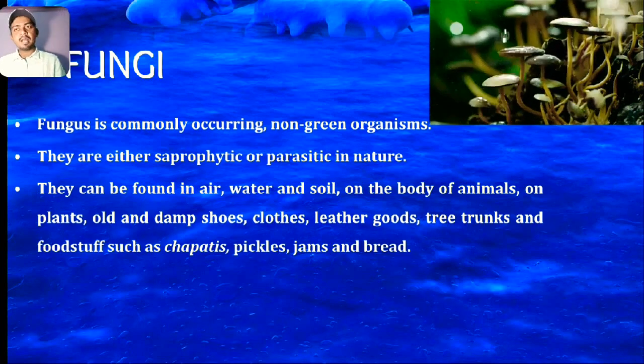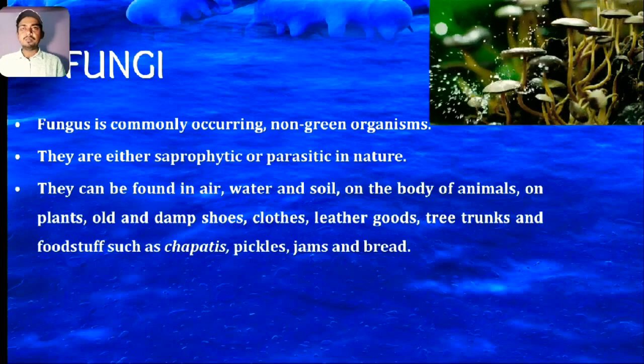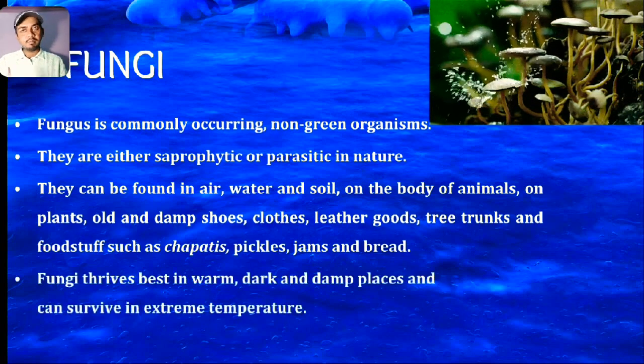So they can practically be everywhere: in air, in water, on soil, mostly on the bodies of animals and plants, and mostly on dead organisms, but on living ones also. We will see a lot of examples in this class.